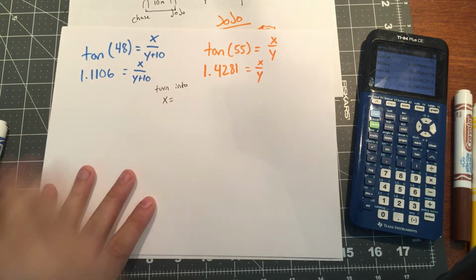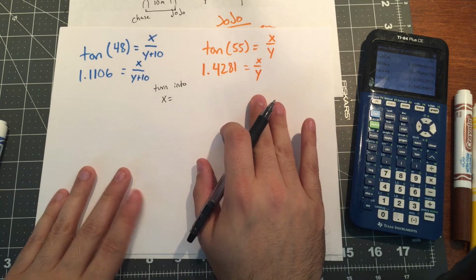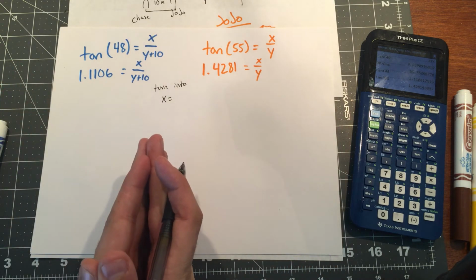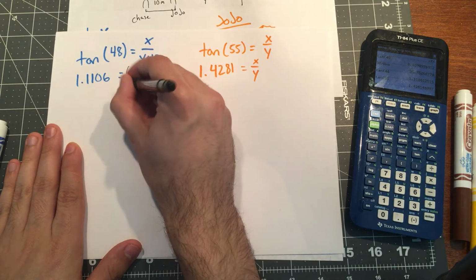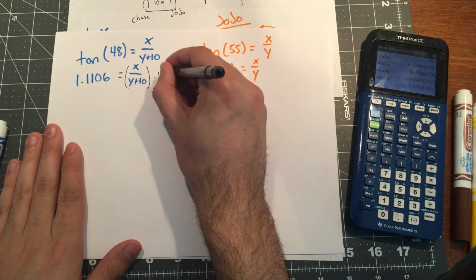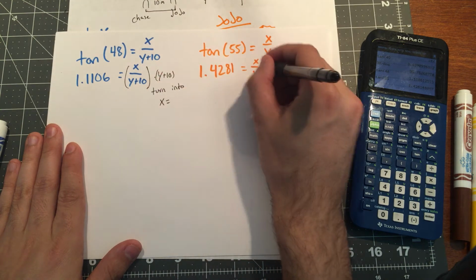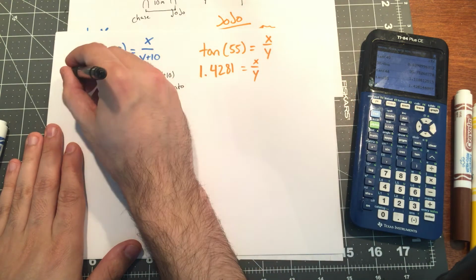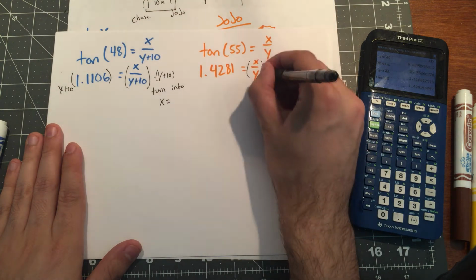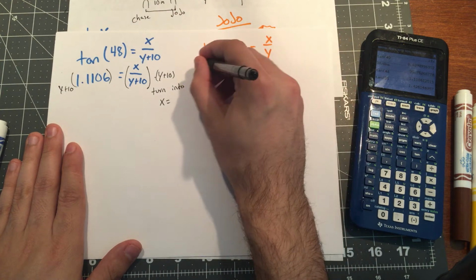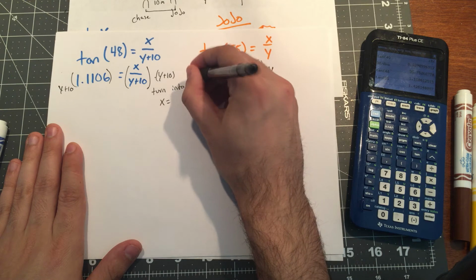Because if x equals something over here and x equals something over there, I can put those two together. So what I will do is multiply by the denominator on both sides, y plus 10 here, and over here, it's just y. What that's going to do is isolate my variable.